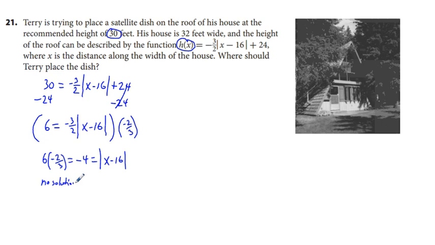And then to further explain, there is no place on Terry's roof where the height of the dish would be 30 feet in elevation, or where the height of the house would be 30 feet off the ground, above ground.